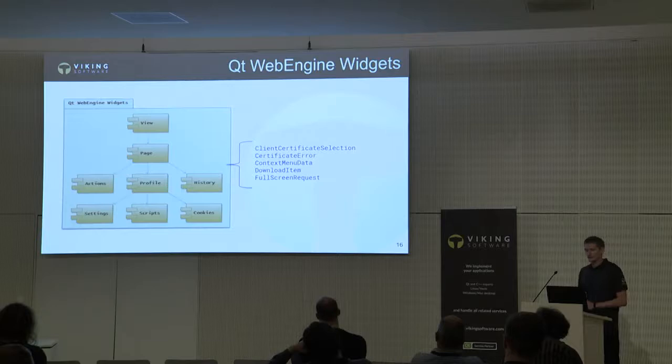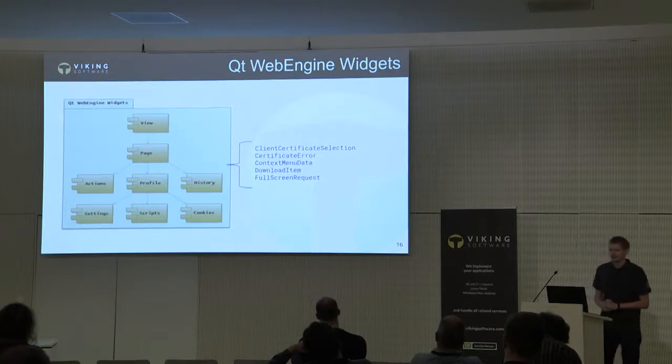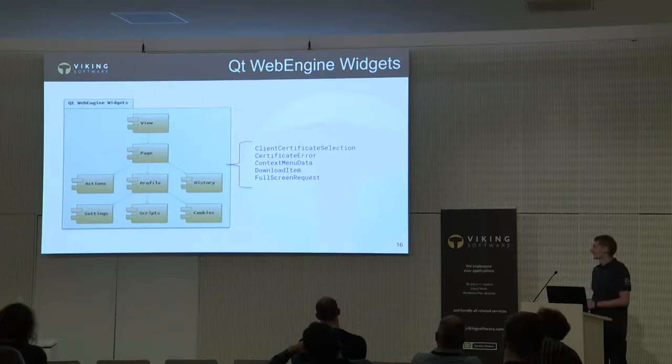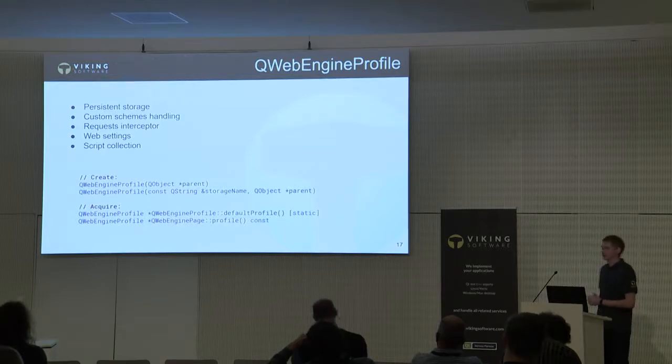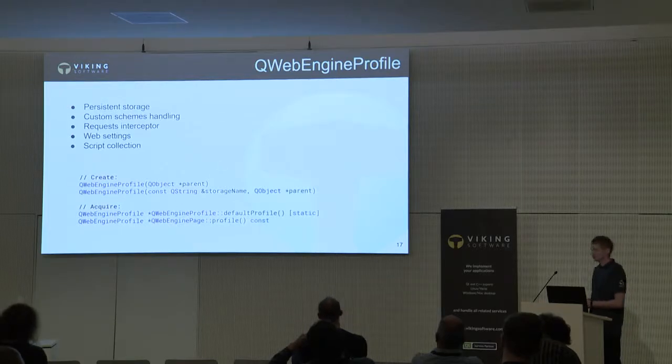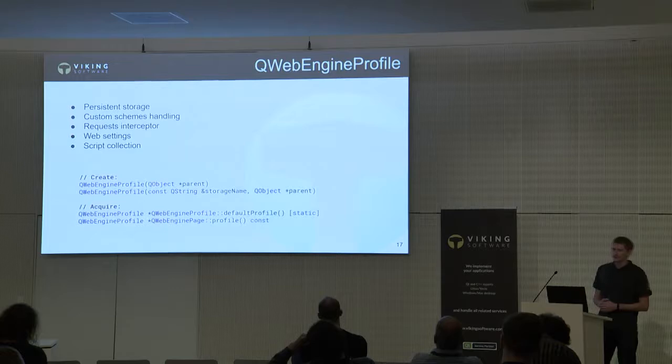Actions are common things like find text on page or navigate in history and so on. And the profile is an important abstraction, widely used, and the main thing is that it allows us to store the data related to our current session. Data like visited links, cookies, network cache, and so on.